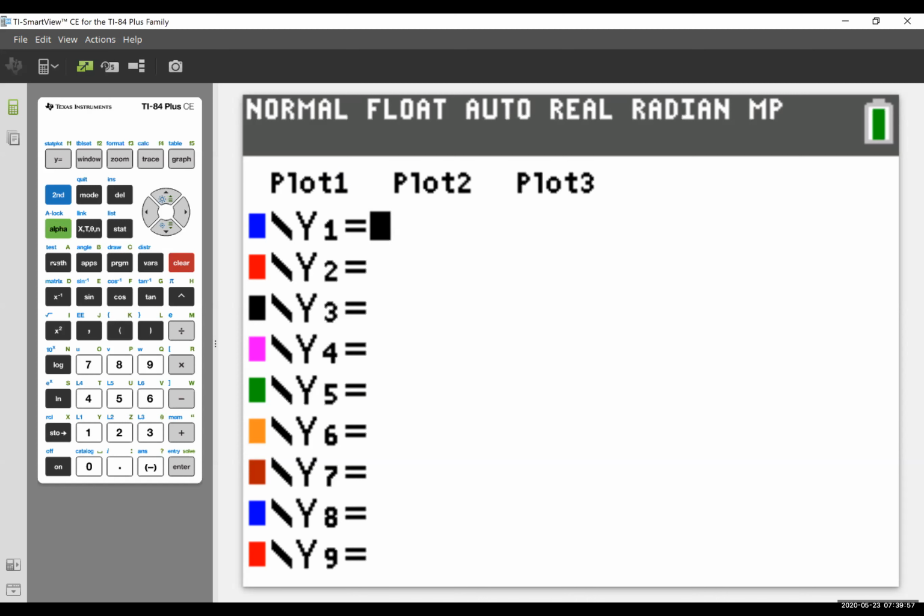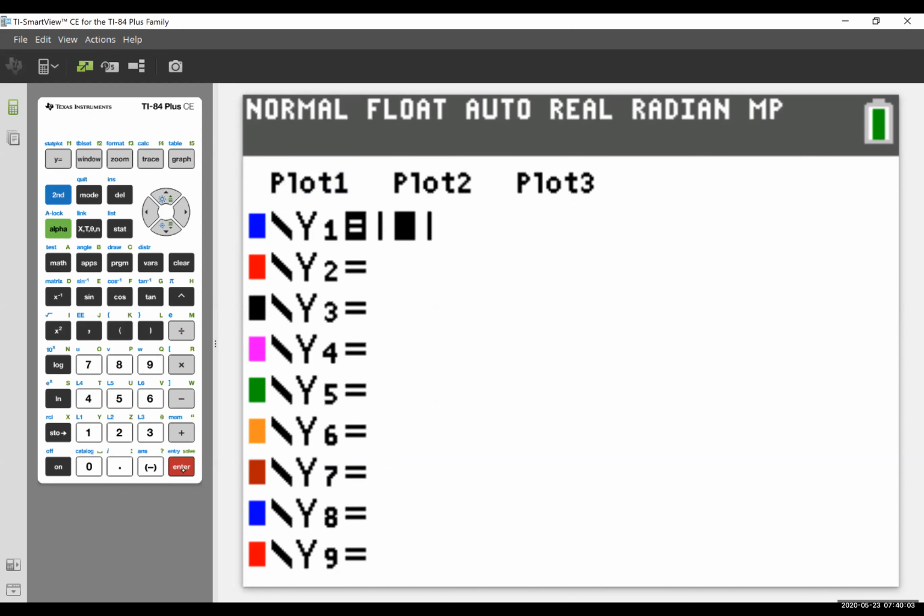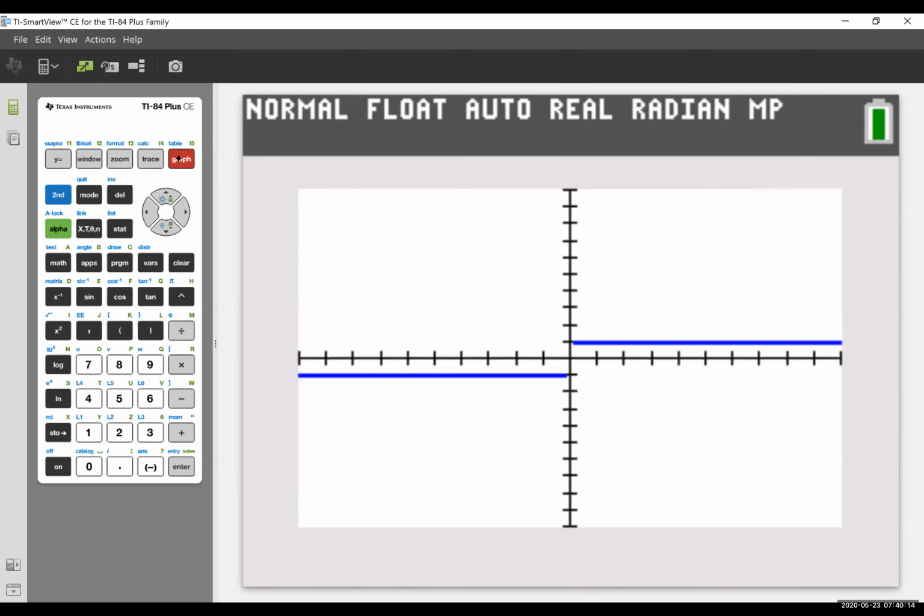That's done with the math key. I'm going to scroll over to numbers, and that's the ABS. So I have my absolute value of x, and that's going to be divided by an x. I'm interested to see what shows up on the TI. And yeah, we got ourselves a piecewise function.